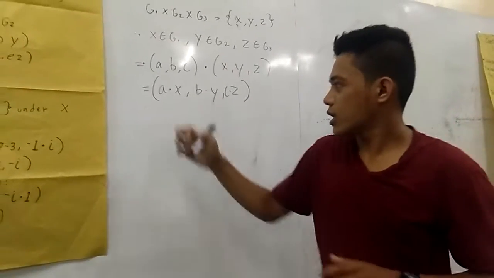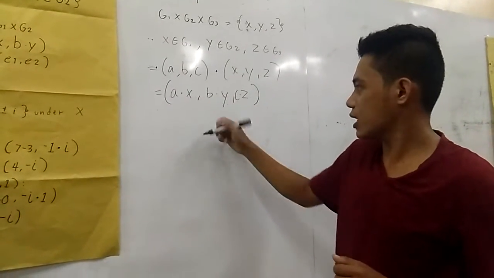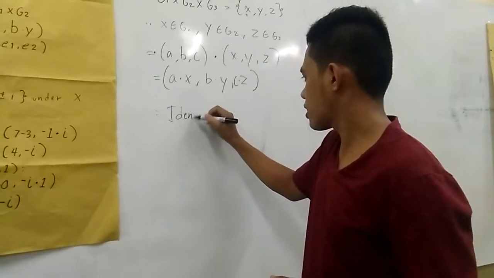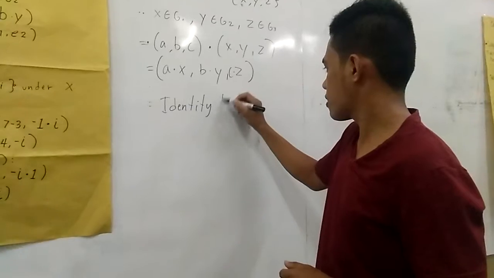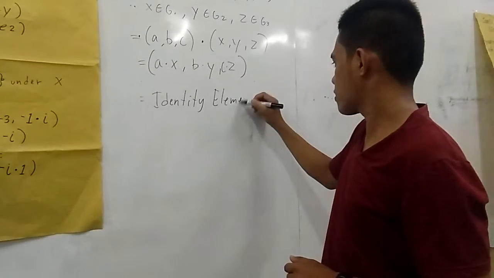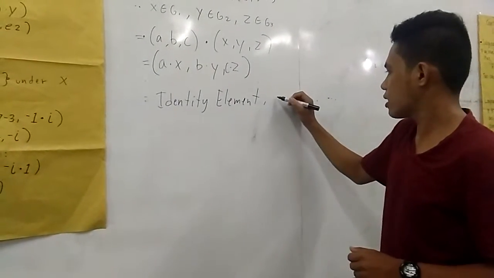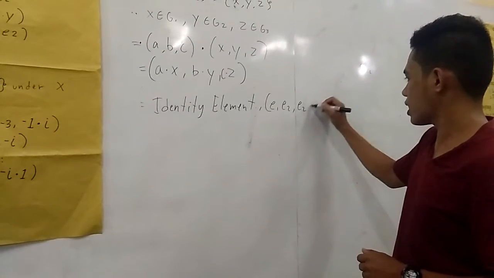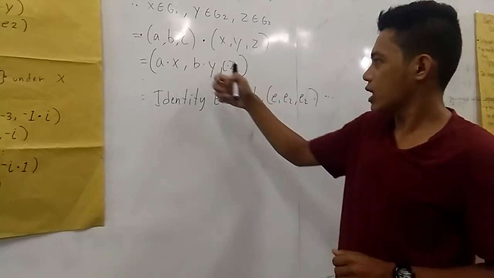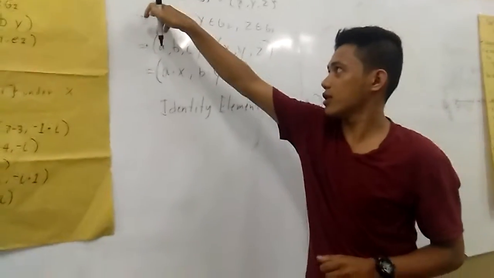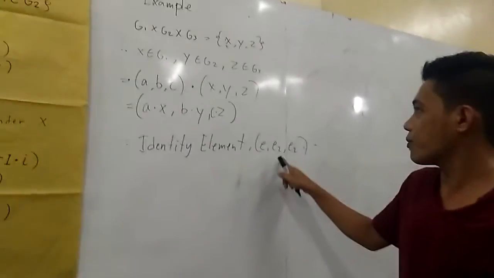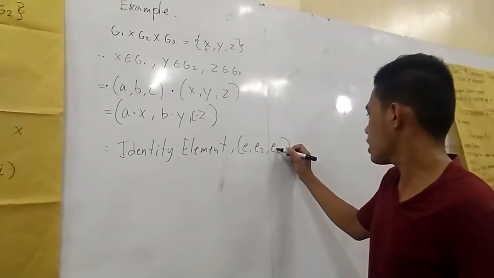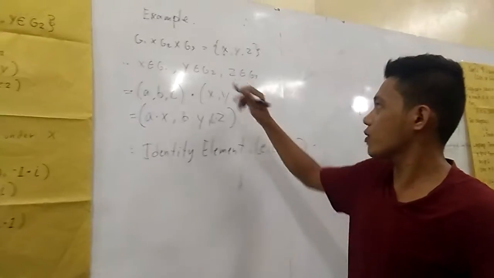Now the identity element of these three is (e1, e2, e3), where e1 is the identity element of G1, e2 is the identity element of G2, and e3 is the identity element of G3.